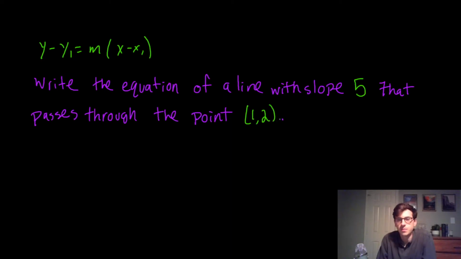And probably in the problem it would say, write the equation of a line with a slope 5 that passes through the point 1, 2 in point slope form, okay? Here, since this video is about point slope form, we're just assuming that that's what we're talking about.